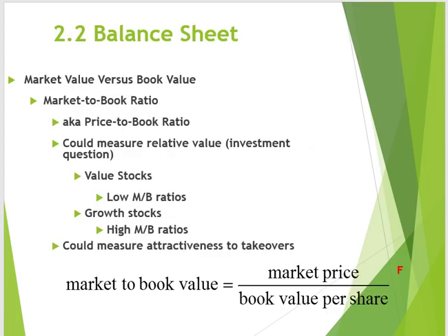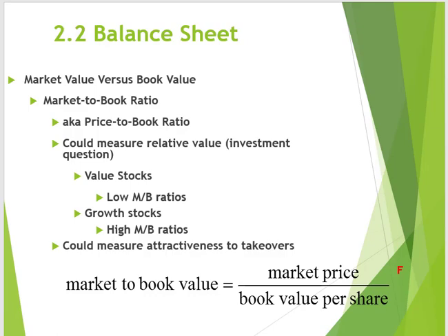So the ratio we want to look at here is the market value or market to book ratio, sometimes called price to book ratio. And quite frankly, sometimes you even see this inverted as the book to price ratio. And we'll talk about that as we go further through the examples here.